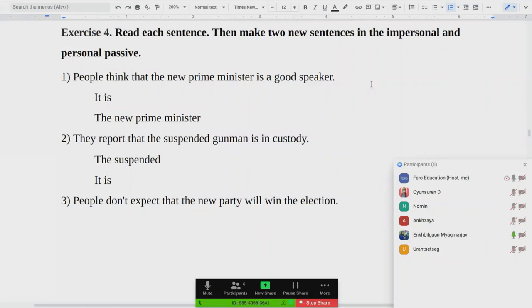It is thought that the new prime minister is a good speaker. The new prime minister is thought to be a good speaker.